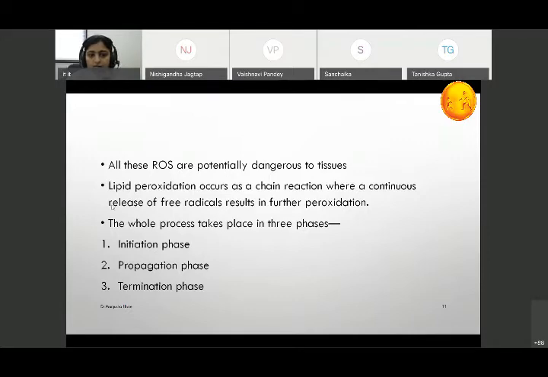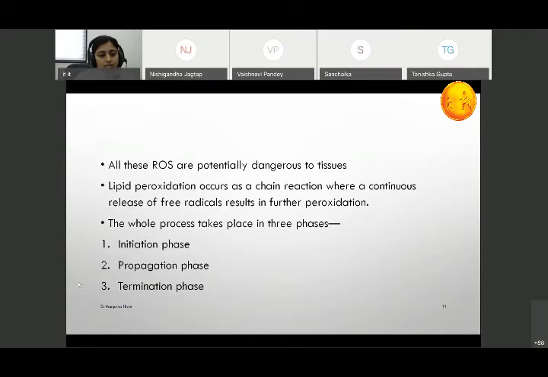Now this lipid peroxidation occurs as a chain reaction where there is a continuous formation and release of free radicals, and whatever free radical is formed is further acted upon by another one and further peroxidation occurs. Like this, the chain is occurring. So there are three phases for the formation of this.